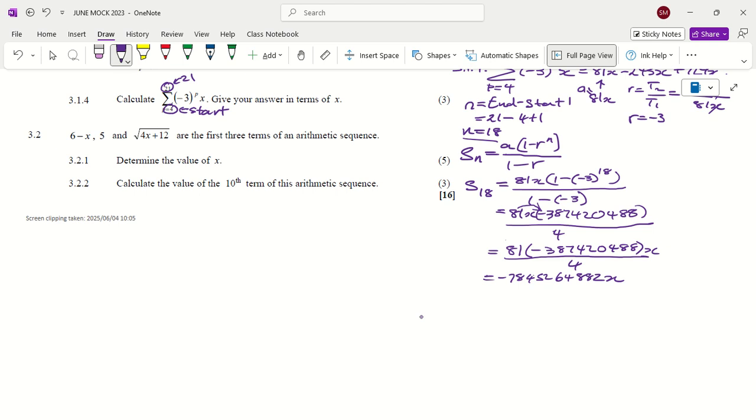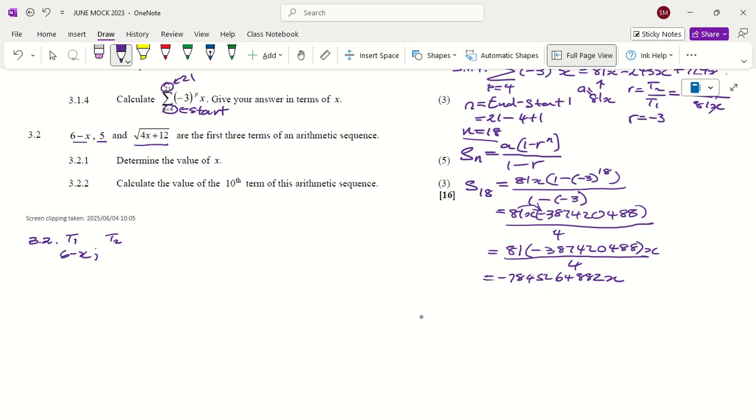Okay, sharp. The next question is 3.2. For 3.2, we are given that 6 minus x, 5, and root 4x plus 12 are the first 3 terms of an arithmetic sequence. So term 1 of the arithmetic will be 6 minus x, right?